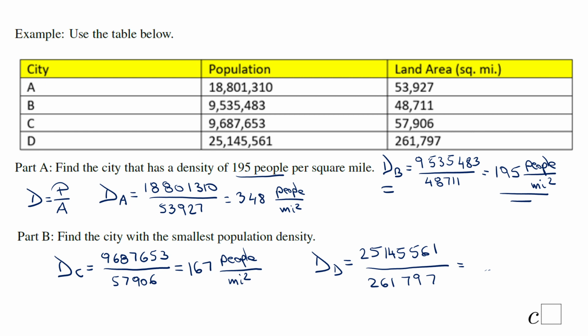Let me use the calculator. I end up with 96 people per square mile.